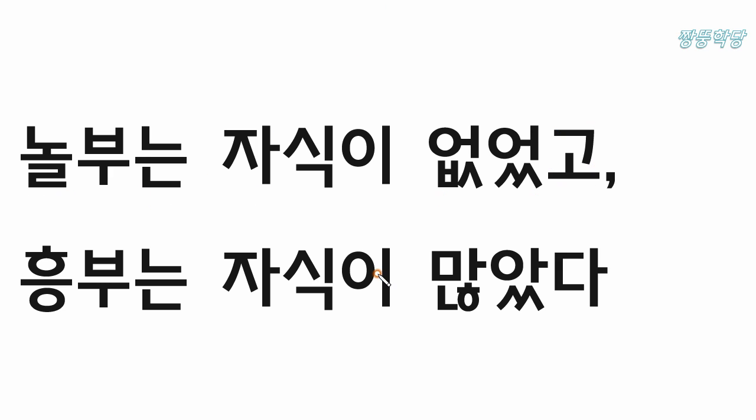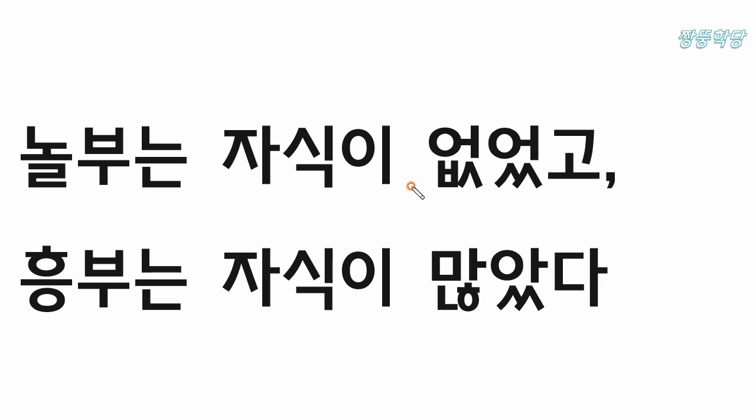So these two sentences have the same structure and the meaning is very opposite. The writer is comparing the situation of Nolbu and Heungbu. In that case, the indicator for subject must be 은 or 는, and there is no consonant, so you must choose 는, not 은.